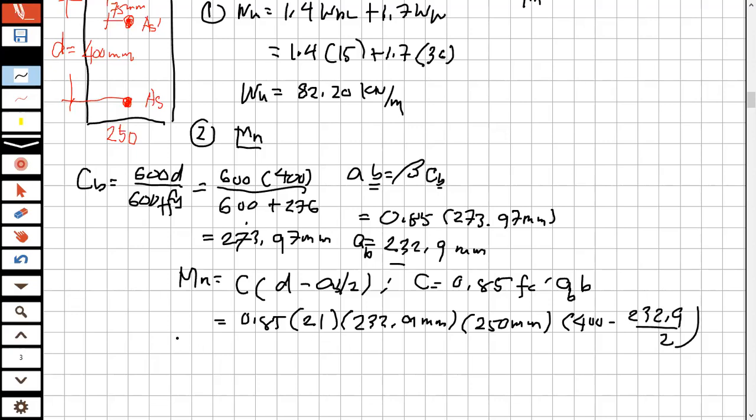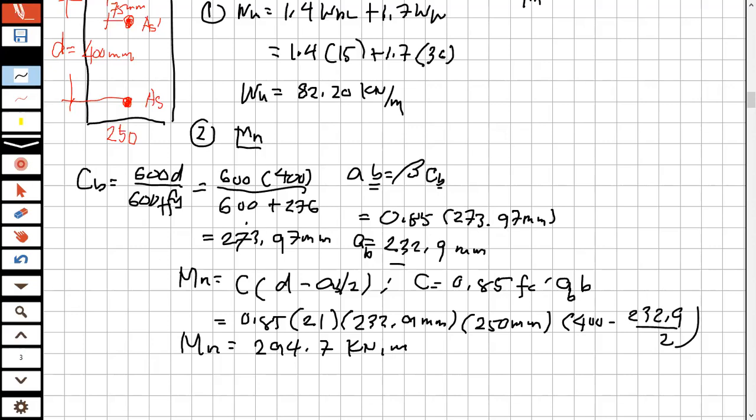So therefore, we can compute here the nominal moment equals to 294.7 kilonewton meter. Third question, which of the following gives the total steel area?